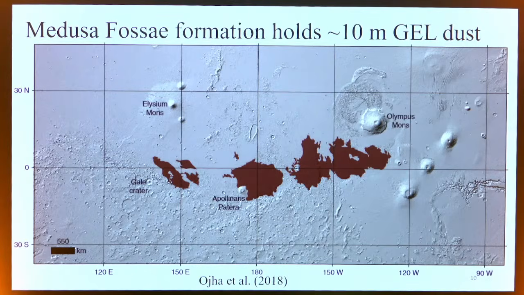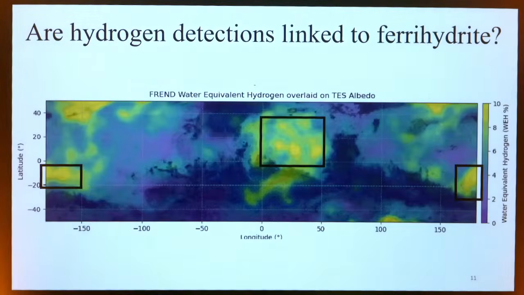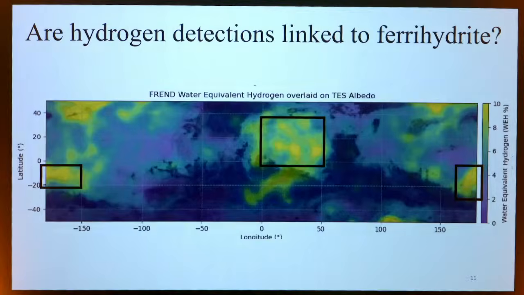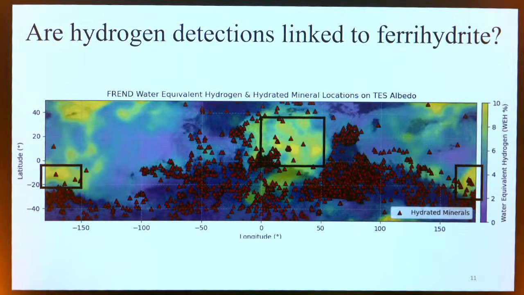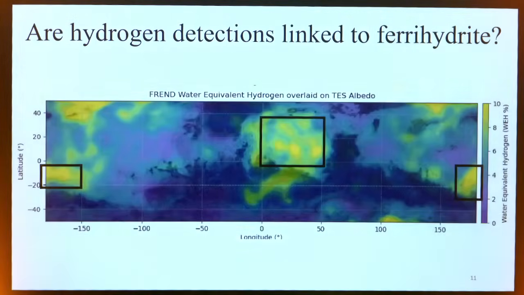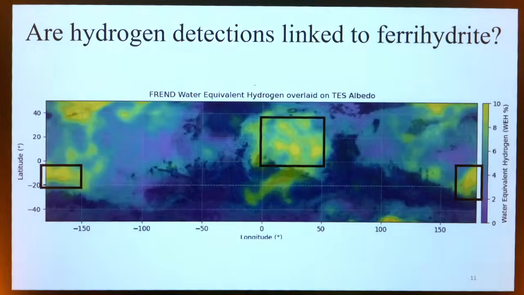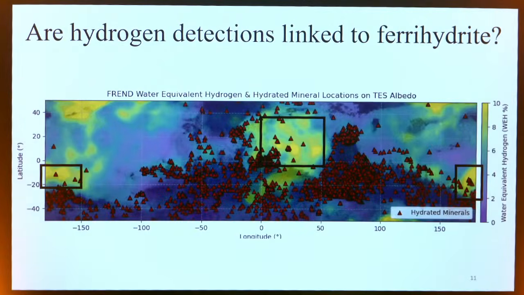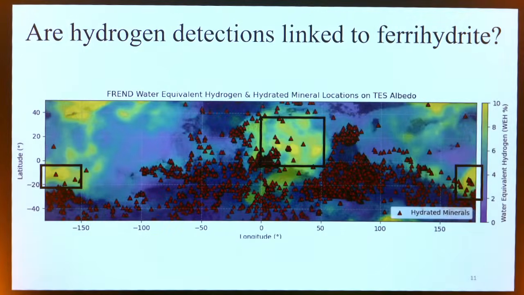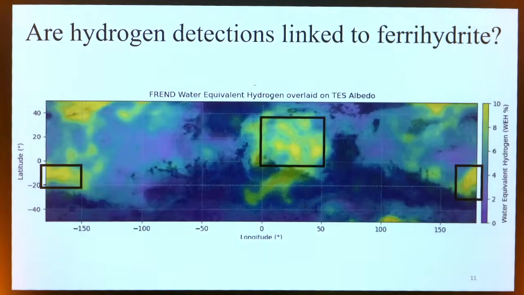But let's first also talk about the results from the FREND instrument. FREND is an instrument on the Trace Gas Orbiter. It's an epithermal neutron detector, which basically shows you here that the bright and dusty regions on Mars also contain an elevated hydrogen signature, which is not that shocking a result, because we knew this since 2001, from Mars Odyssey results and its gamma ray spectrometer investigations.